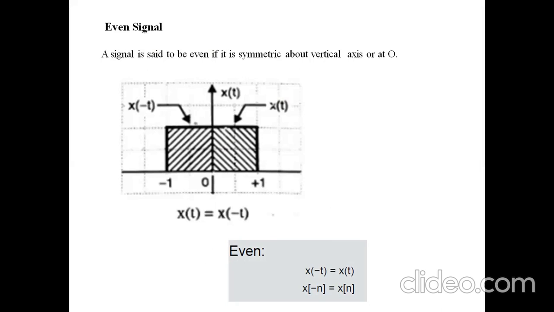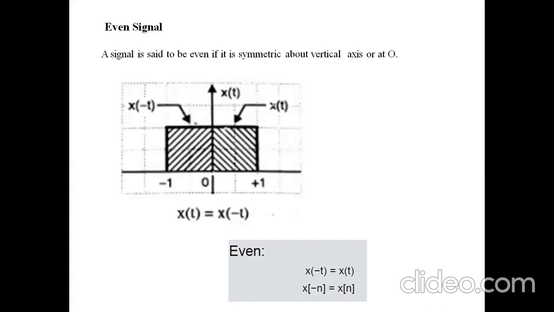When you define an even signal, you can define it this way: a signal is said to be even if it is symmetric about the vertical axis at the origin. It means that its mirror image is present.